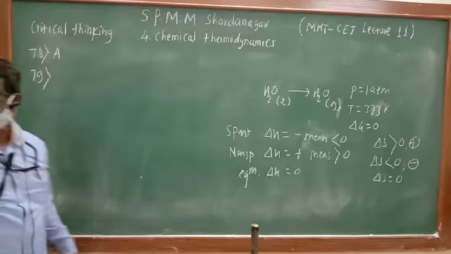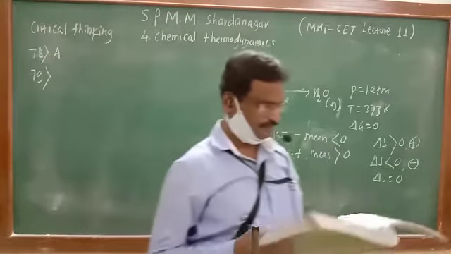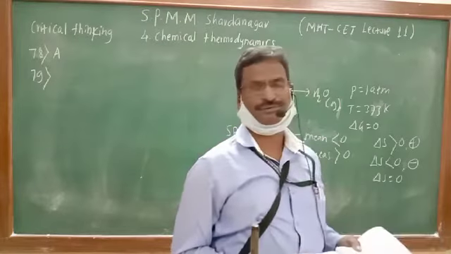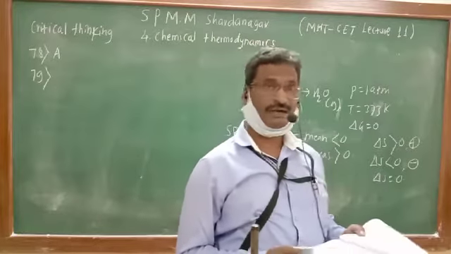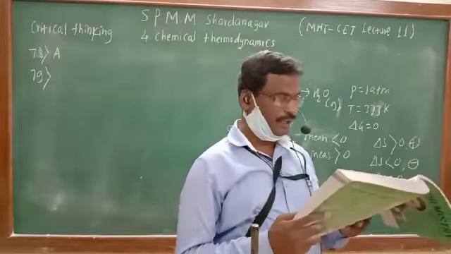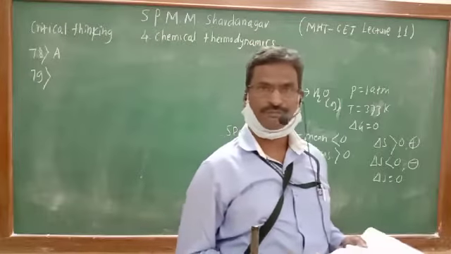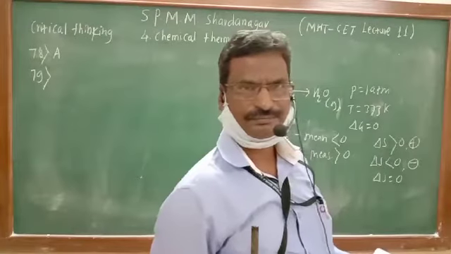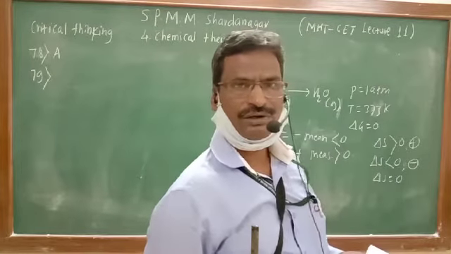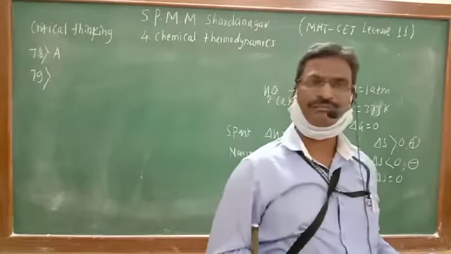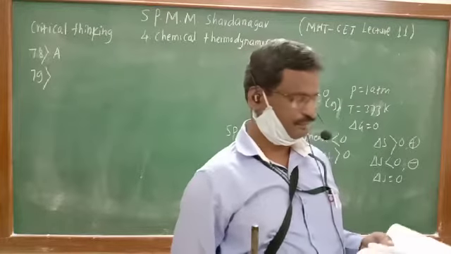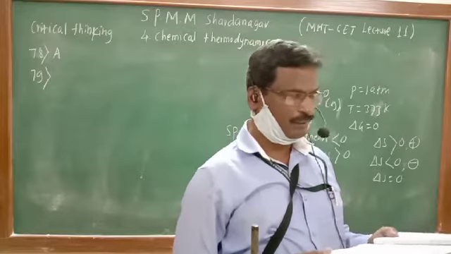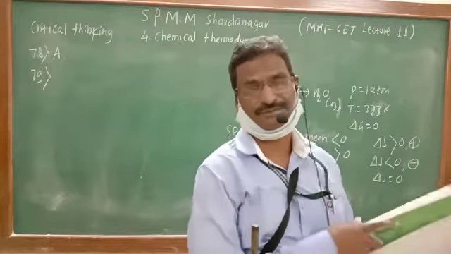See question number 79. Which is the incorrect statement among the following? First statement, when delta G is equal to 0, the system is at equilibrium. That is correct. Secondly, when delta G is greater than 0, the process will be spontaneous.